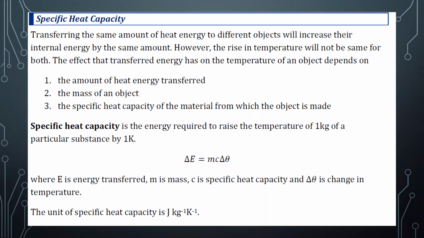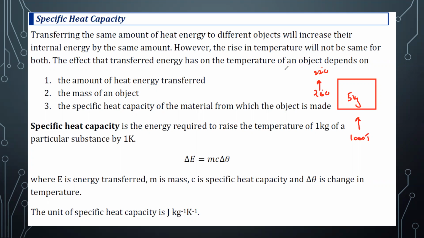Then specific heat capacity. Specific heat capacity refers to how much energy is needed to change the temperature of a 1 kilogram object by 1 degree centigrade or 1 Kelvin. For example, we have an object which is 5 kilograms, and we supplied 1000 joules of heat energy, and its temperature changes from 20 degrees to 22.